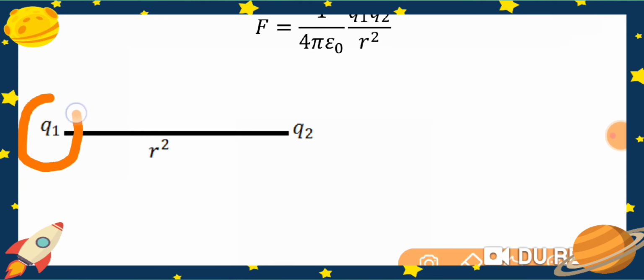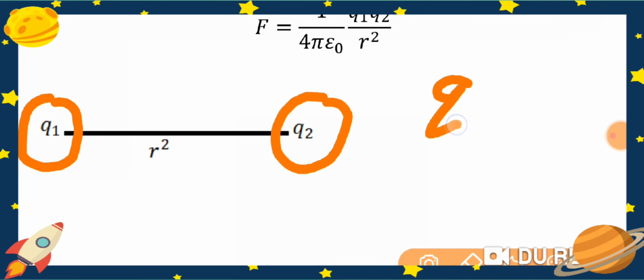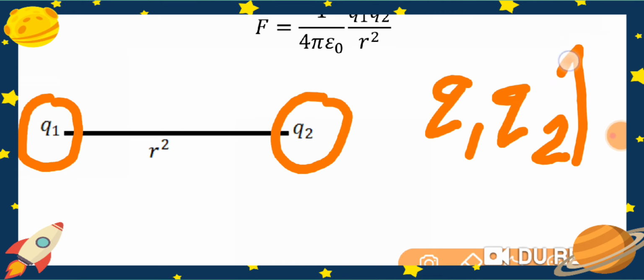This is charge Q1 and this is charge Q2. If we find the product of Q1 and Q2, so Q1 into Q2, this will be the product. If we increase the product of Q1 and Q2, then the electric force also increases. This is the first experimental result according to Coulomb.